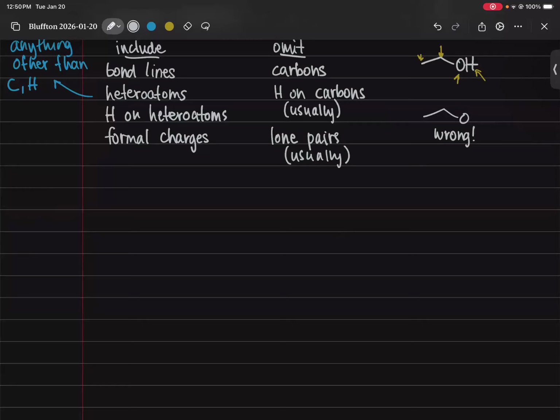So we can actually sort of split this into a couple rules that we can follow. And maybe this will be a bit of review, but it's not bad to go over it again. So each corner or each endpoint of a line is a carbon atom.